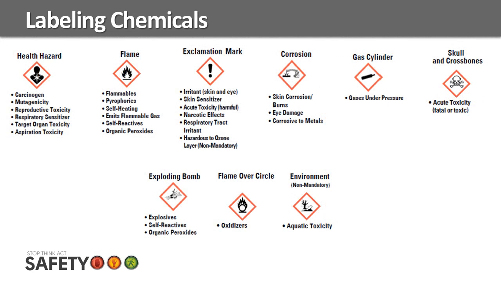As mentioned in the previous slide, pictograms are a composition that may include a symbol plus other graphic elements such as a border, background pattern, or color that is intended to convey specific information about the hazards of a chemical. There are 8 mandatory pictograms designated for use, and one that is optional, referred to on this slide.